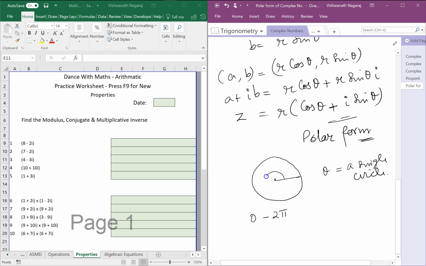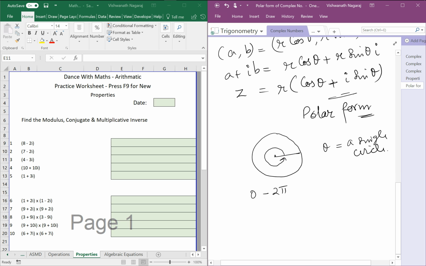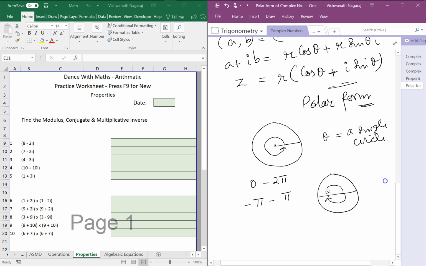That is, if we only go in the anti-clockwise direction, or it can be minus pi to pi. That is, if we go like this in this direction, and we go in this direction for the angles from pi to 2 pi, we go in the clockwise direction. For 0 to pi, we go in the anti-clockwise direction.